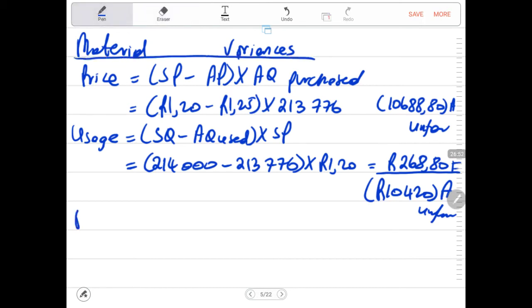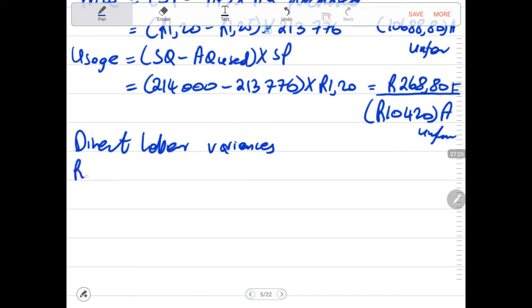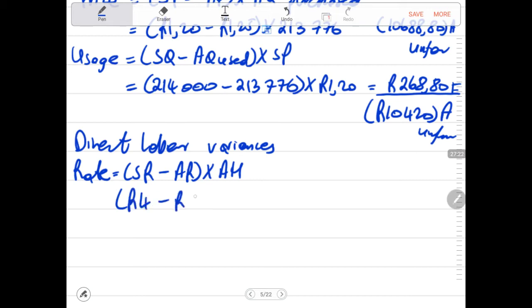Then we go now to our direct labor variances. We have rate, because employees are being paid a rate and they spend hours. It will be standard rate minus actual rate times by actual hours. Standard rate, we know that it was 4 rand that we budgeted.